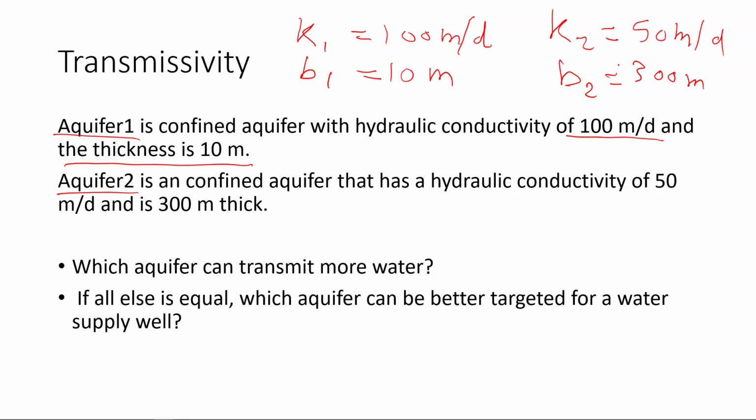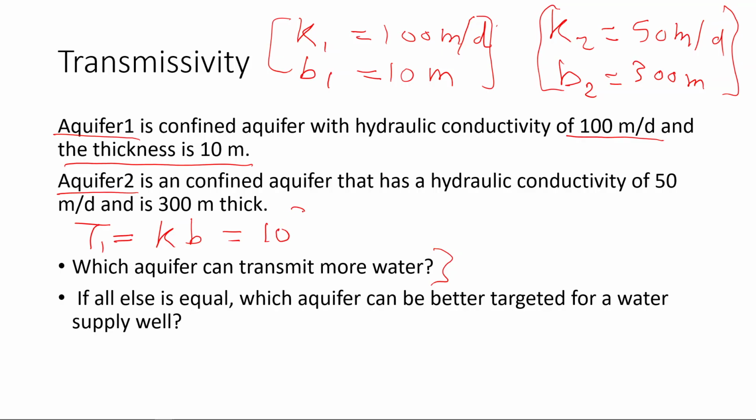So my question to you: which aquifer can transmit water more, this one or this one? To know this, we can just calculate transmissivity. Transmissivity is K times B. For this one, you will get 10 to the power 3 meter square per day.